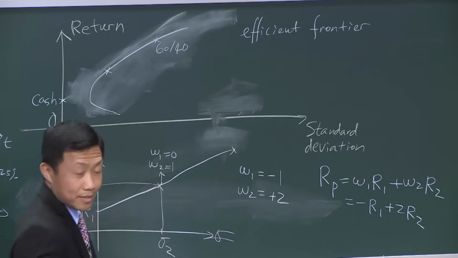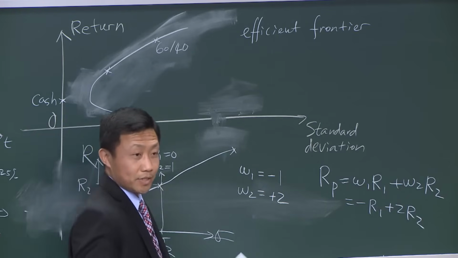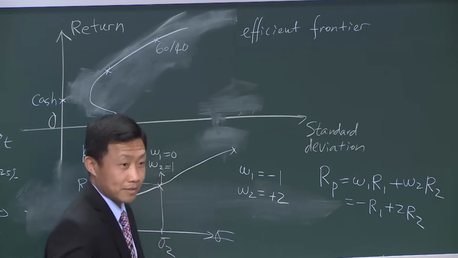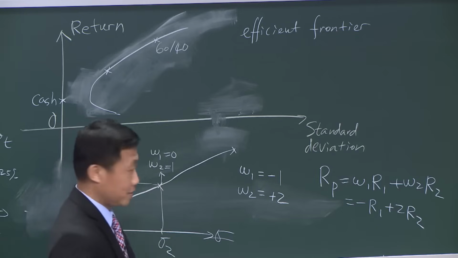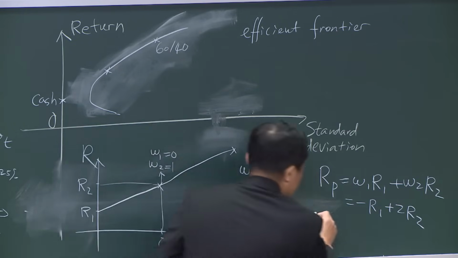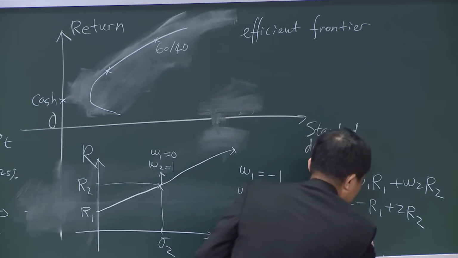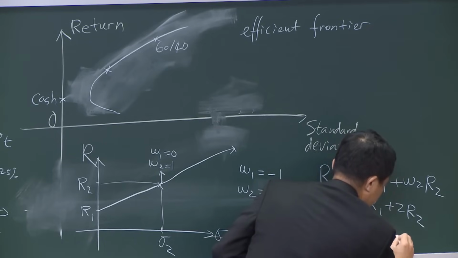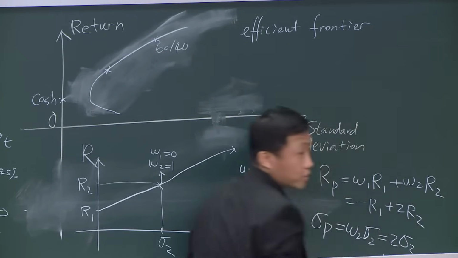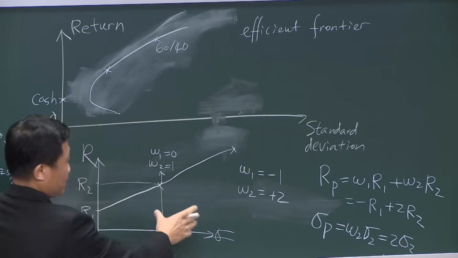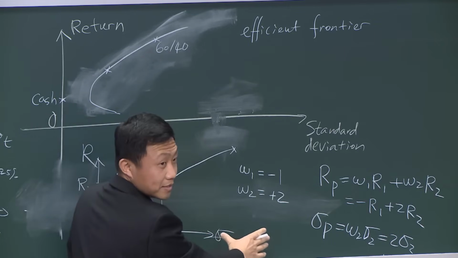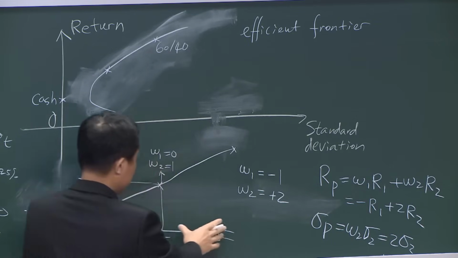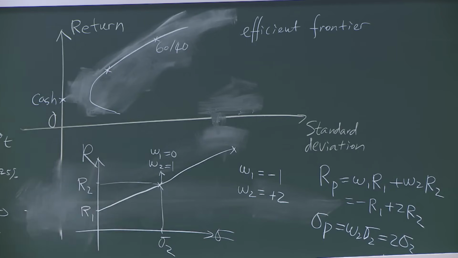What does your variance, or standard deviation, look like? As we did before, right? So sigma p simply equals W2 sigma 2. So in this case, it's 2 sigma 2. So you're 2 times as risky as asset 2.